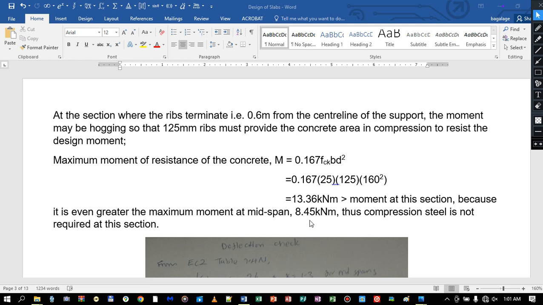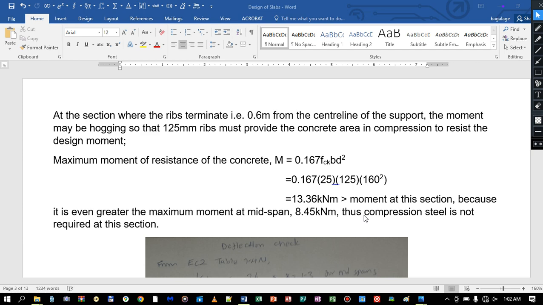But remember, our sagging moment or our design moment at midspan was 8.45, and since the span moment is automatically greater than the moment at the end support, the capacity is automatically also greater than the bending moment at that support.